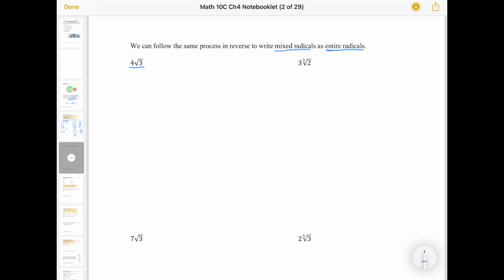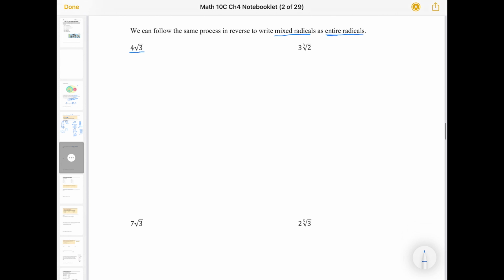If I want it as an entire radical, I need to go backwards in this. So 4, I can write 4 as the square root of 4 squared times the square root of 3. Well, what's 4 squared? That's 16.